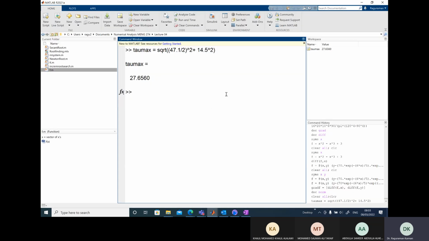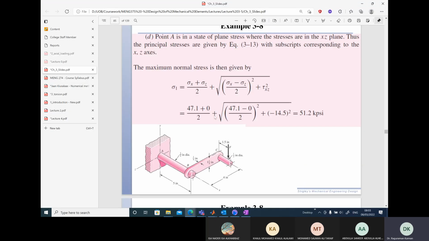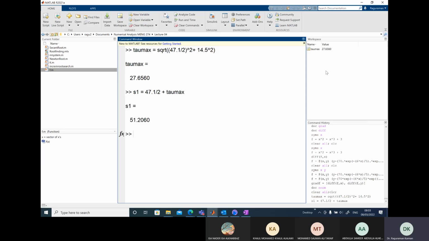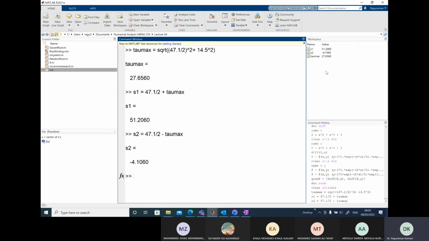Let's calculate sigma 1. Sigma 1 is going to be 47.1 over 2 plus tau max gives you this value. The same way, sigma 2 is going to be minus 4.106.